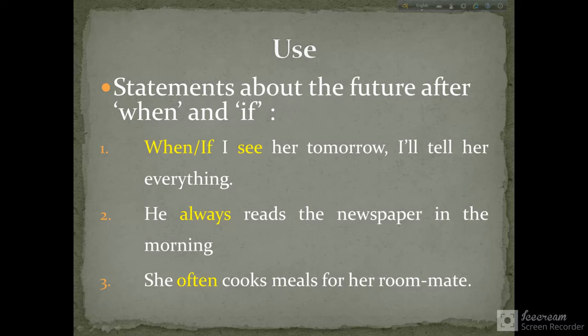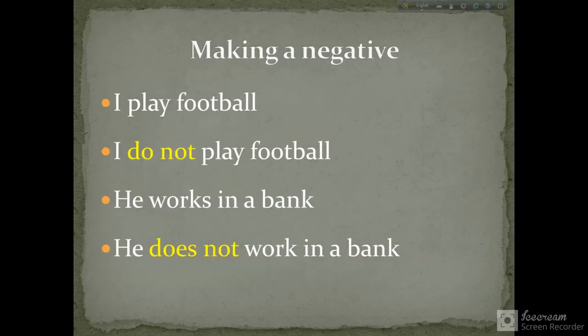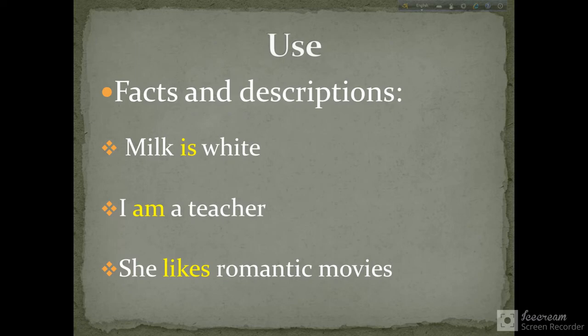If we see that in the sentence the word always or the word often is used, that sentence will be in the simple present tense. Okay, so friends, we have some rules for the uses of the simple present tense.